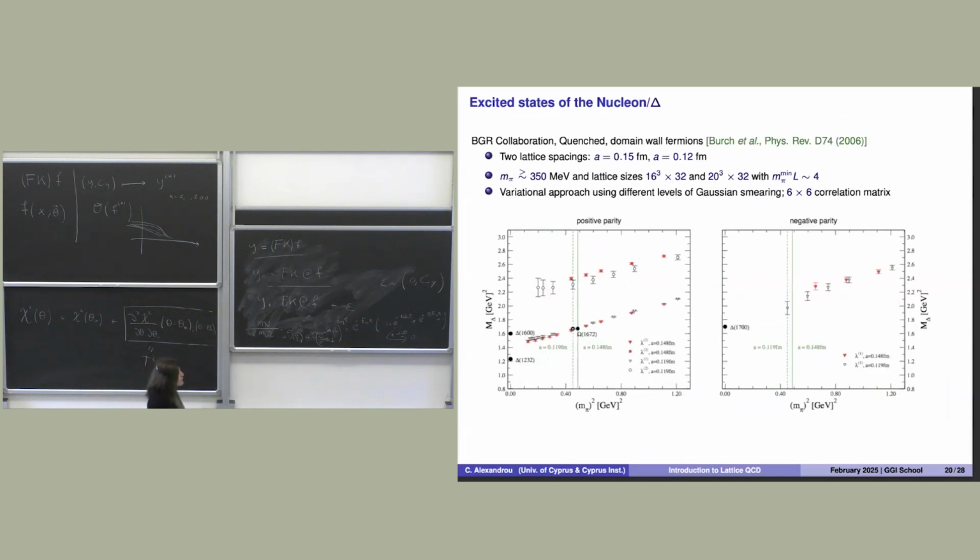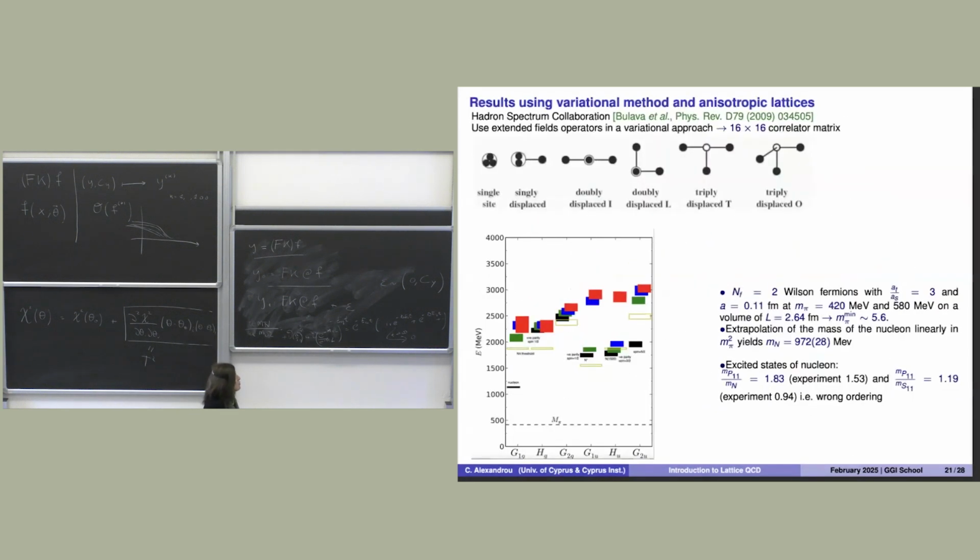We have to develop techniques, so I go fast, as we said. This is a very elaborate calculation by the Hadron Spectrum Collaboration. There are collaborations which just take the configurations from the collaboration that I showed you and do the analysis, do the inversions and compute the propagators. So this is a particular collaboration.